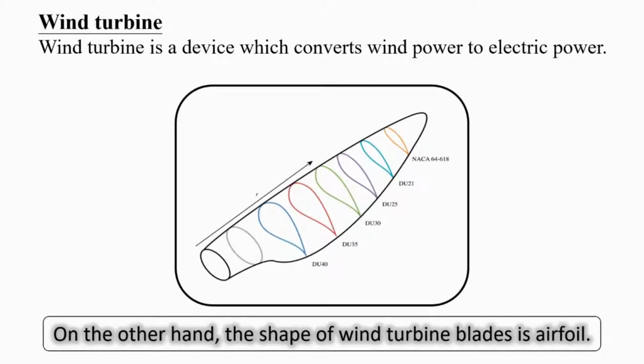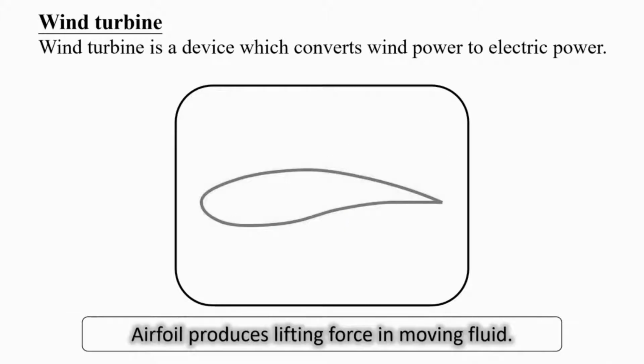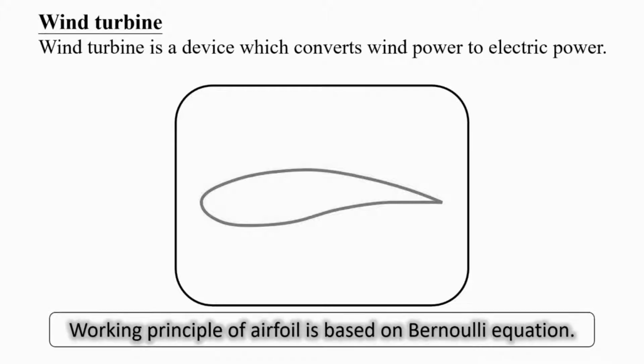On the other hand, the shape of wind turbine blades is airfoil. Airfoil produces lifting force in moving fluid. Working principle of airfoil is based on Bernoulli equation.